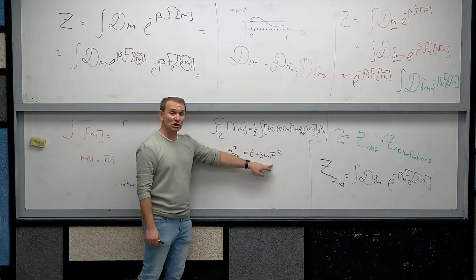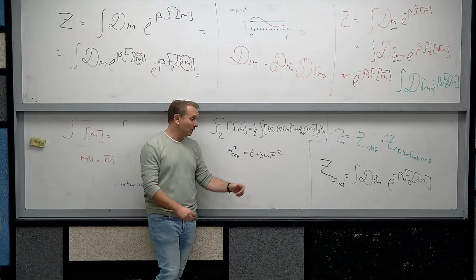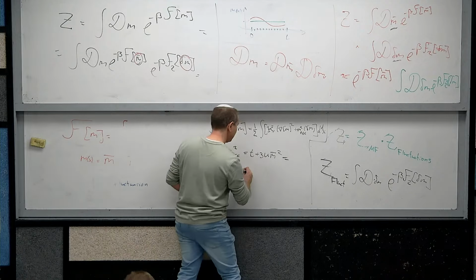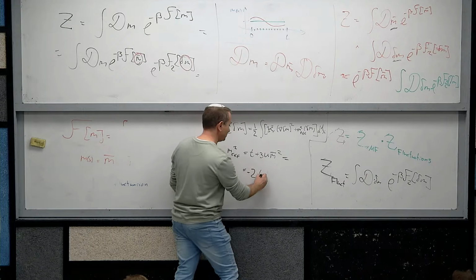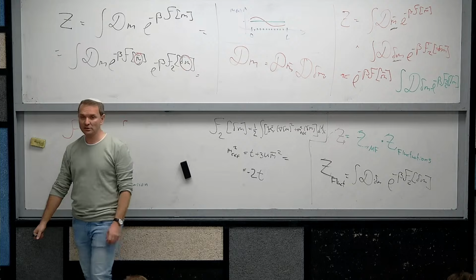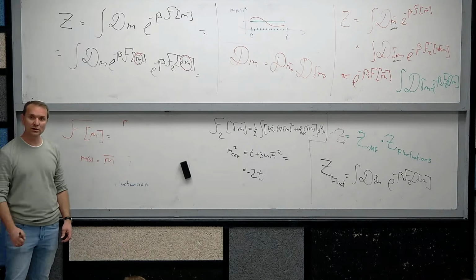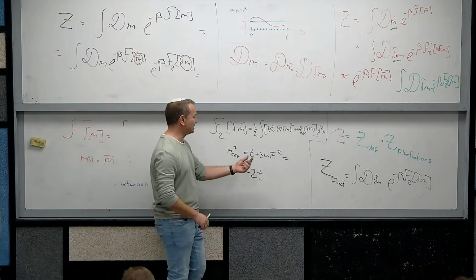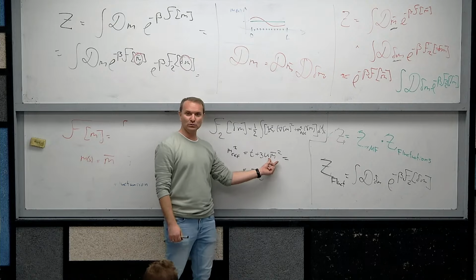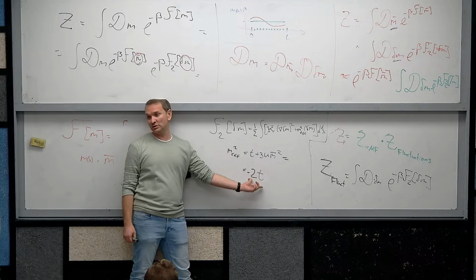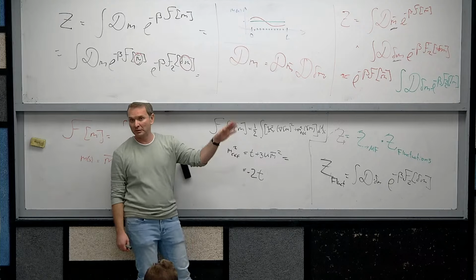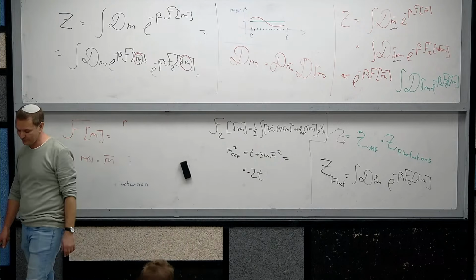And if you wish, you can write it down as minus 2t. If you remember the value of this m hat and substitute it inside, and write it in this form, minus 2t, it doesn't depend on the mean field solution, and you don't really care.